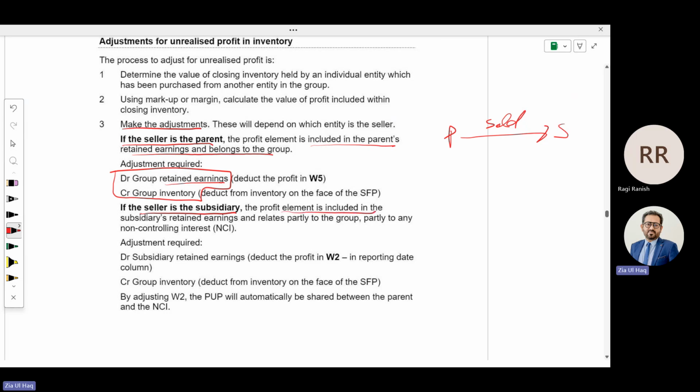The profit element is included in the subsidiary's retained earnings and relates partly to any non-controlling interest. So what adjustment do you need to make? Debit subsidiary retained earnings, credit group inventory.